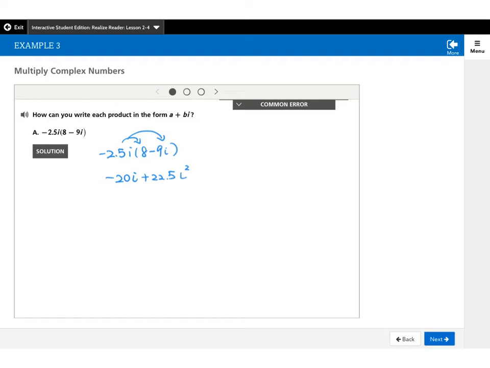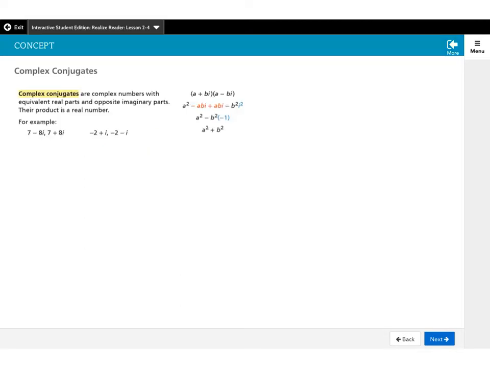Now we apply our new knowledge that this becomes negative 20i, and i squared is negative 1, so it converts this into, and if we want to write it properly, it's the real numbers first, imaginary unit next. That's the final answer to this problem.